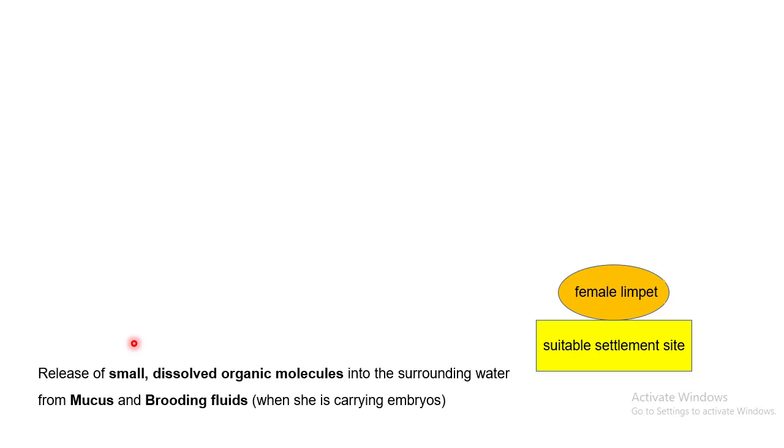They are released from the mucus and the brooding fluids when this female limpet is carrying the embryo. So this works as a signal, and the release of the small dissolved organic molecules attracts other larvae toward this female limpet and this suitable settlement site.